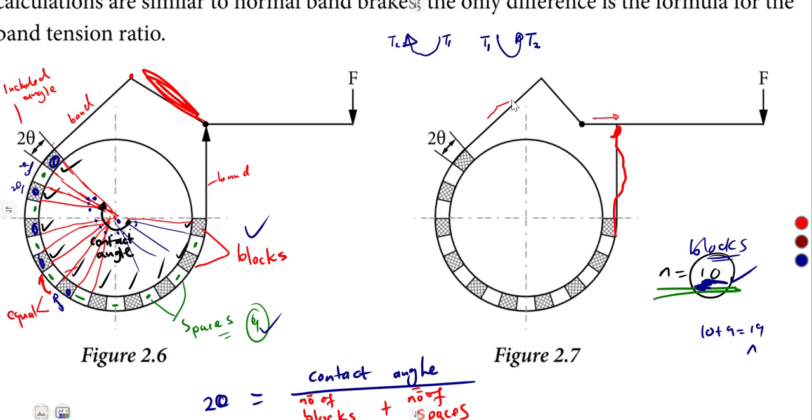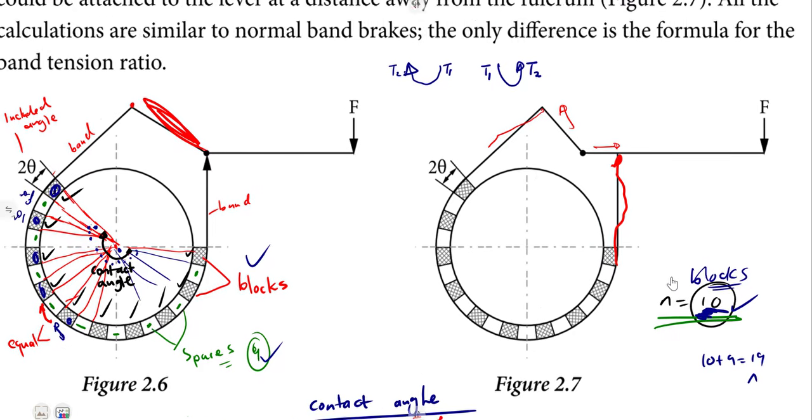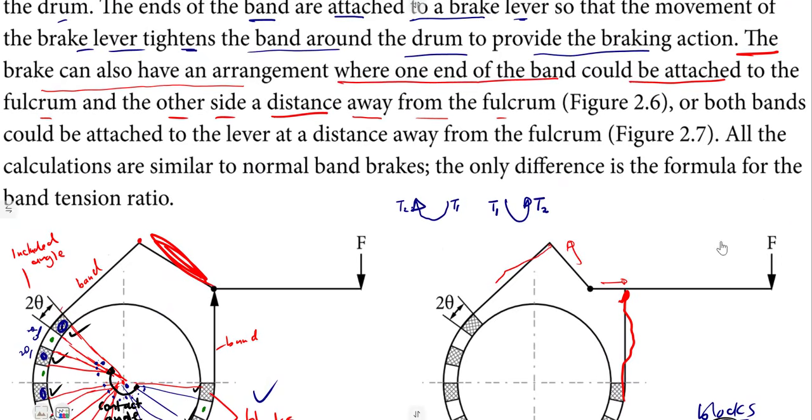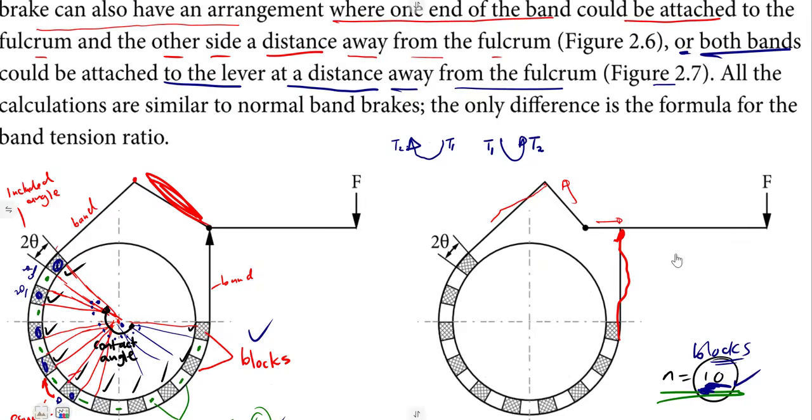The same with this one, it is attached a distance from what? From the fulcrum. None is going straight here to the what? To the fulcrum. None of the bands. It can be a condition like that, which is what we have on Fig 2.7. So this is what they are saying, that both bands could be attached to the lever at a distance away from the fulcrum, as we have it on Fig 2.7.